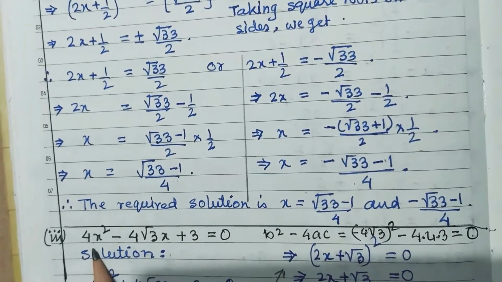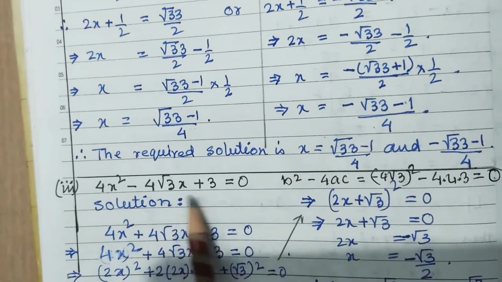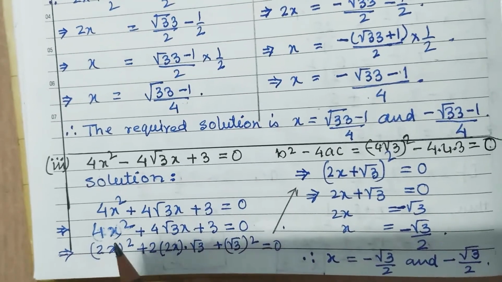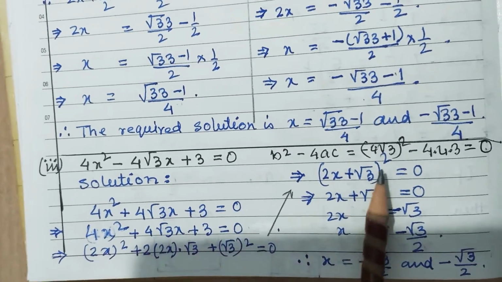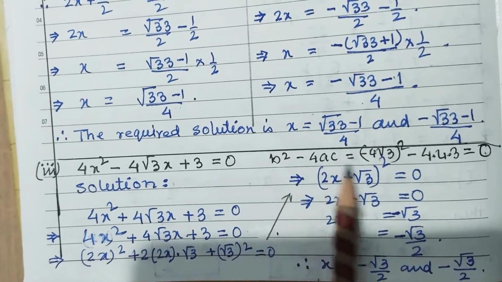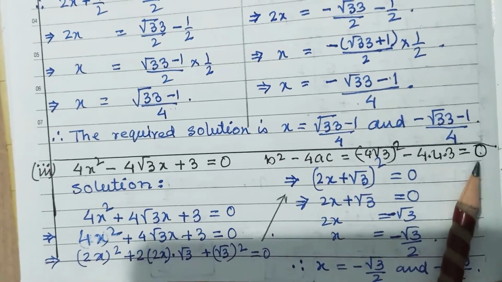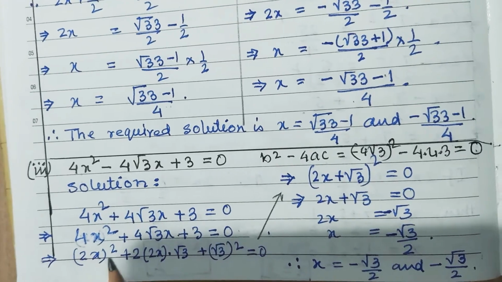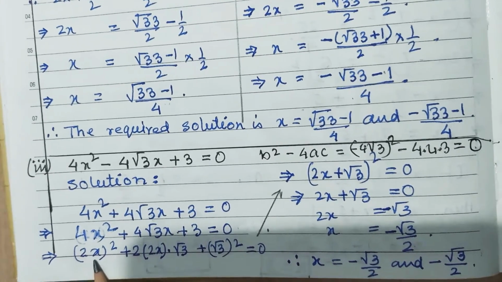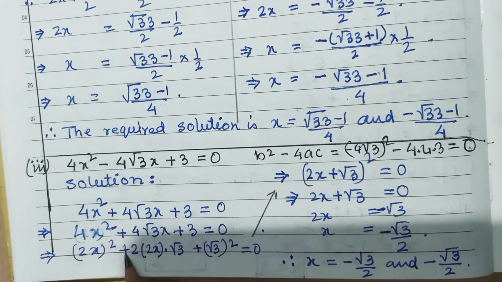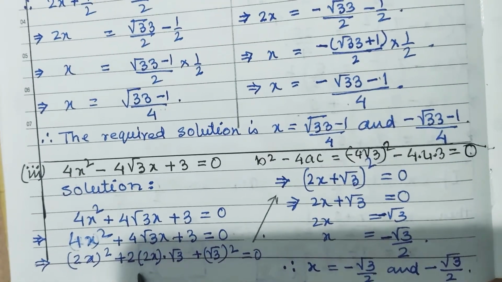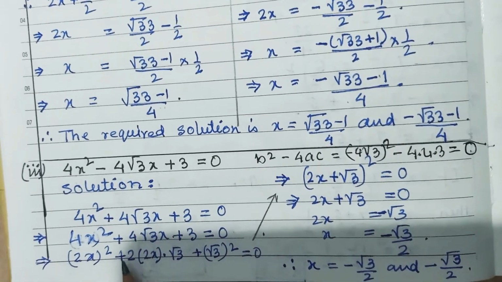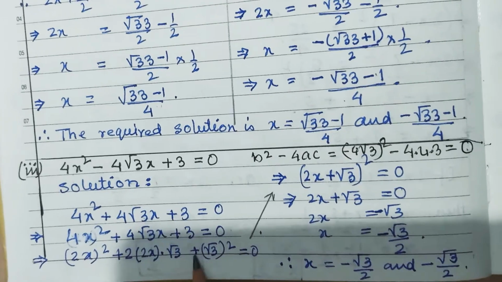Next is 4x square minus 4 root 3 x plus 3 is equal to 0. Next same, we have to check it. B square minus 4ac is equal to 0. 0 means two equal roots. Now same, you have to change it. It is a square plus 2ab plus b square.